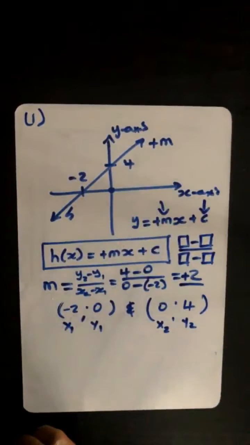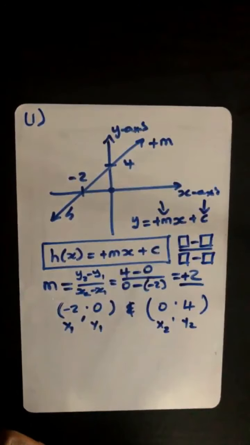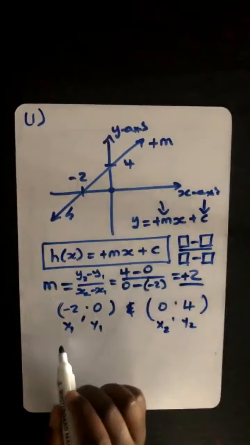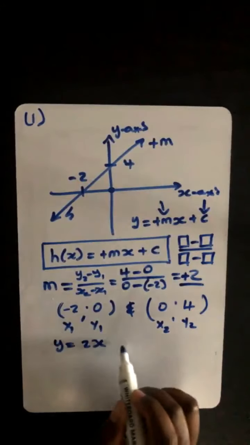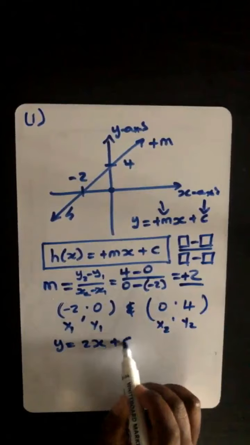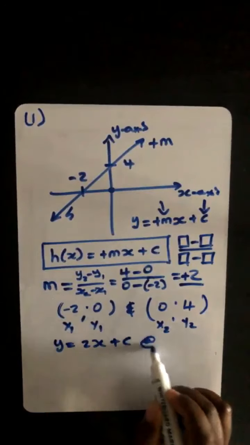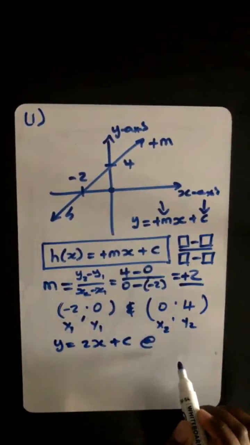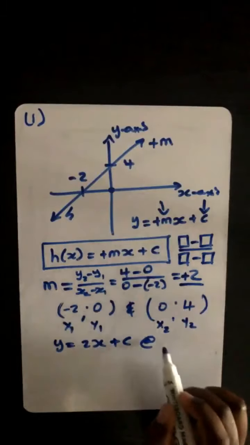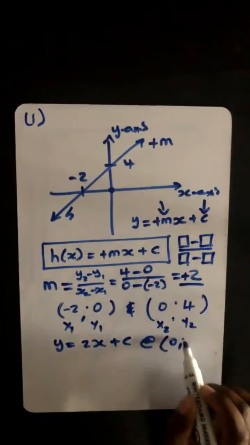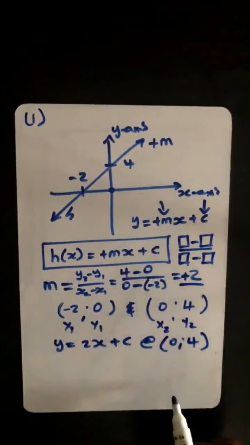So now that we've got our positive gradient, it means we've got y equals +2x plus c. At which point? Which point can we use, guys? We can use that point because it doesn't have those negative values, at 0 and 4. So now let's substitute. This is y, this is x.